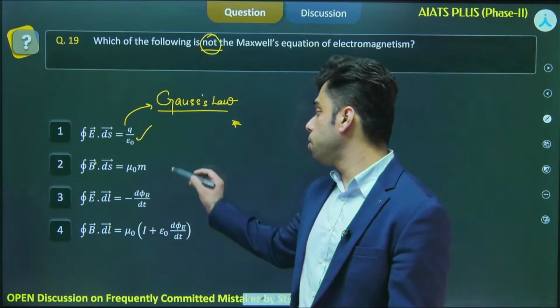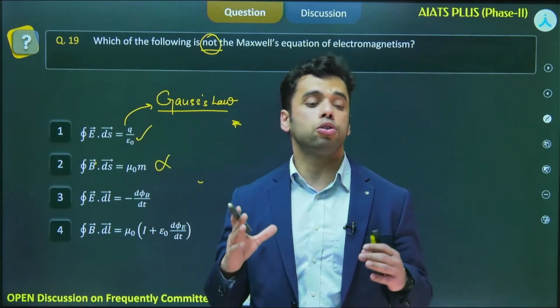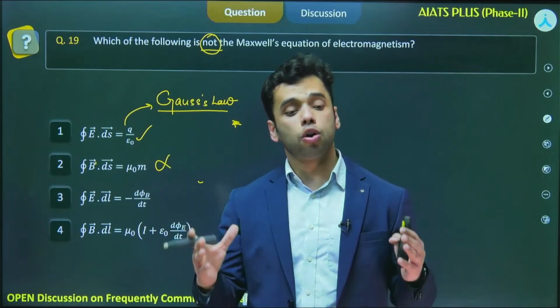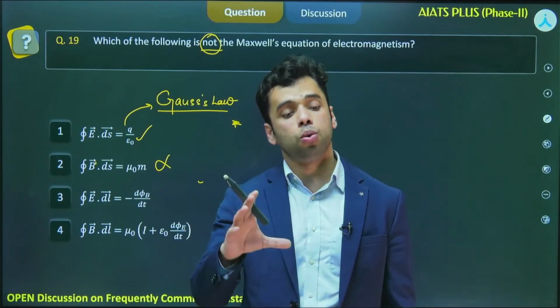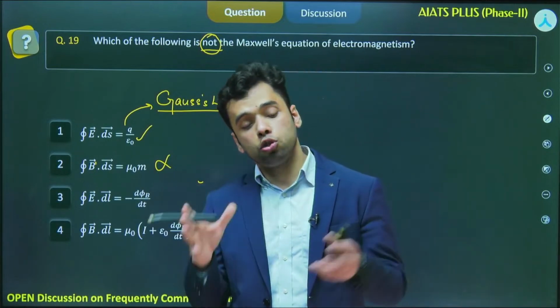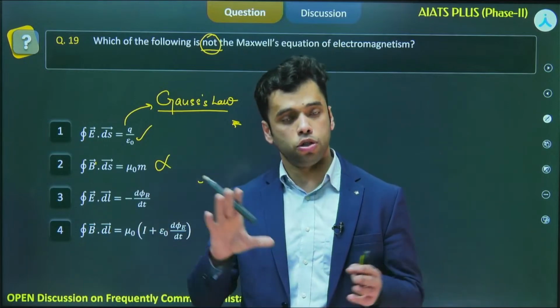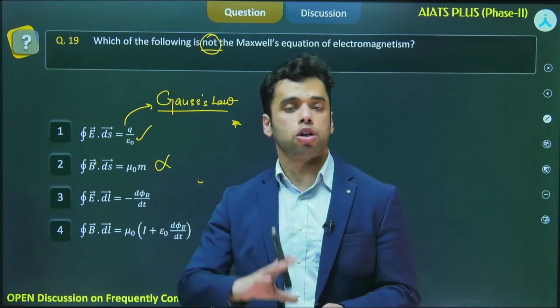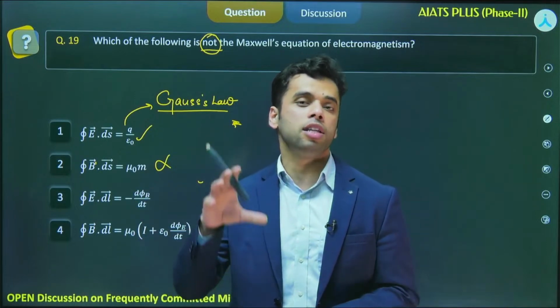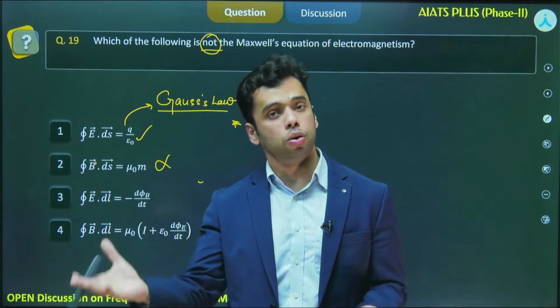Based on my experience and knowledge, this should be a wrong answer, because magnetic monopoles don't exist. If you take a closed curve and try to calculate the magnetic flux, since magnetic monopoles don't exist, both poles will exist, the south pole as well as the north pole. So the cumulative effect will be such that the net magnetic flux through that closed surface will be 0, right?